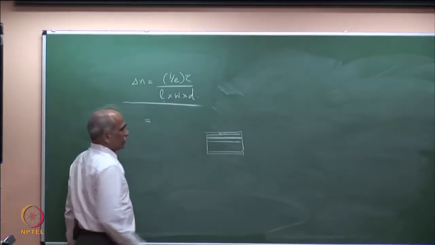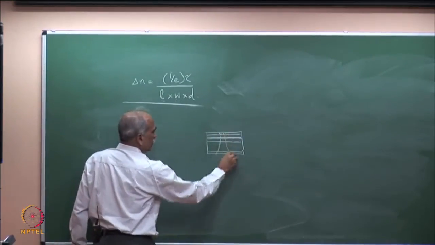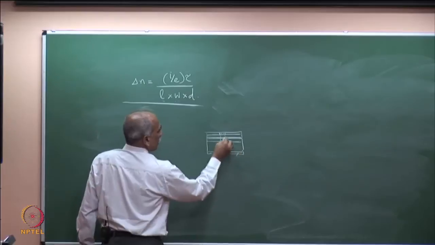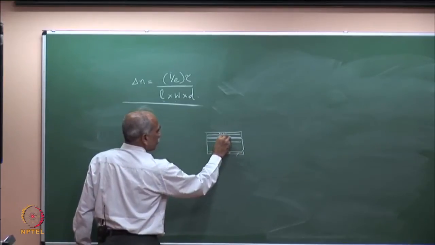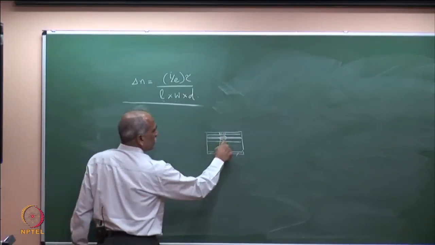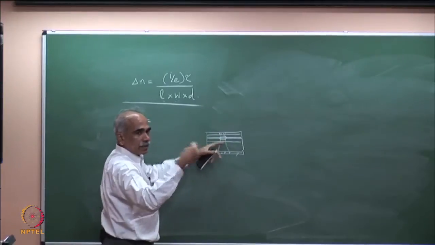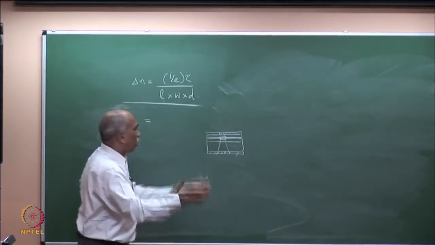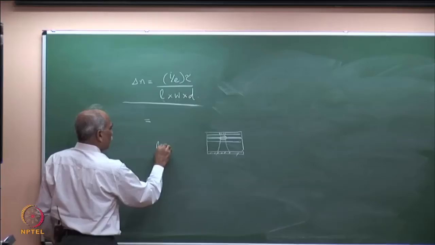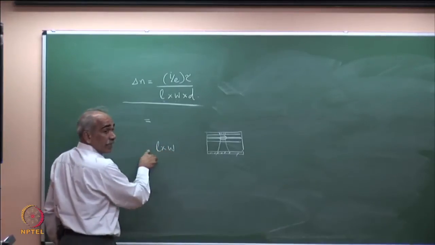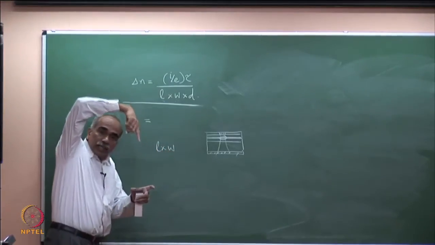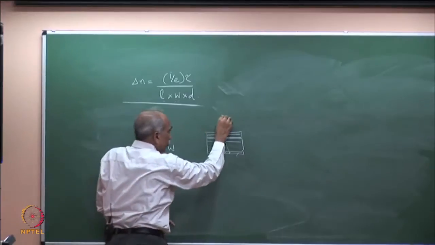Okay. So, the carriers are flowing like this, and this is the active region here. This width is W and L is the length. So, you have a strip of area L into W through which current is flowing. Current is going from the top.